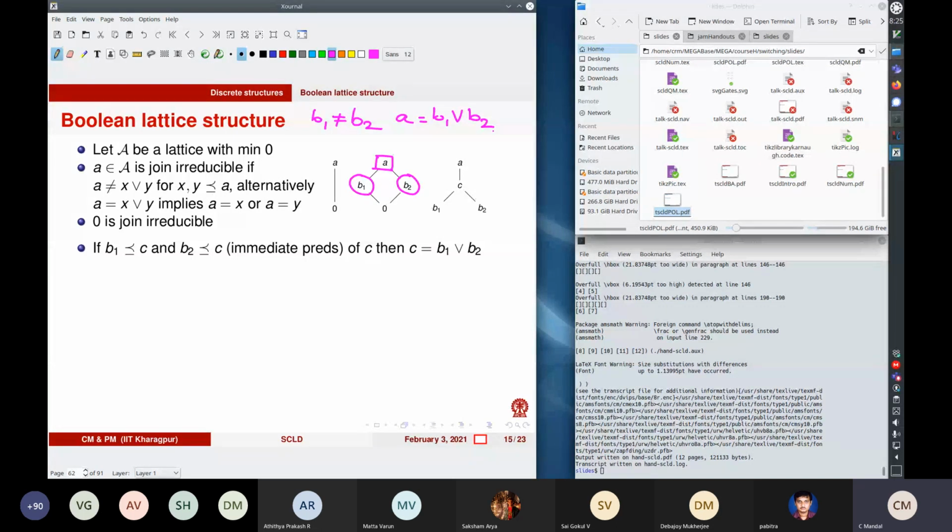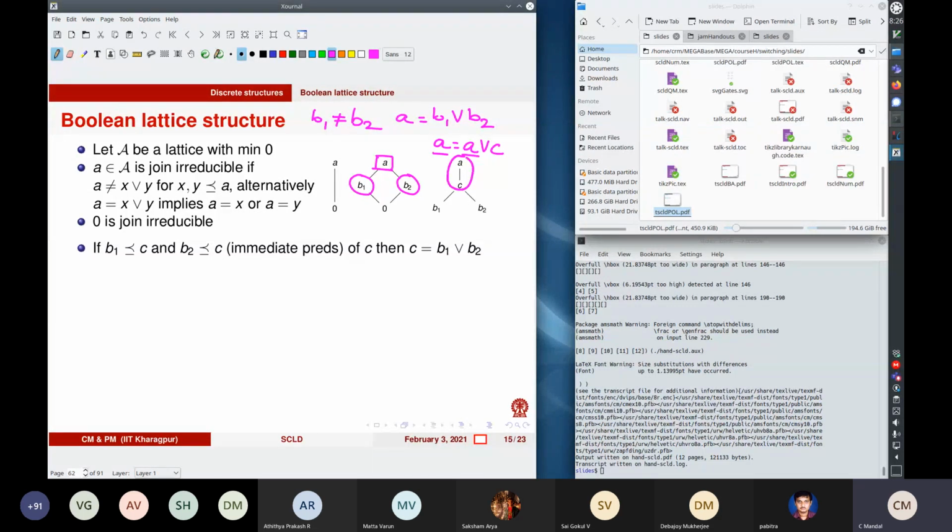Now, in this case, you could express A as the join of A and C, but this is kind of trivial because this will always be satisfied. This is a situation when an element has a unique predecessor.